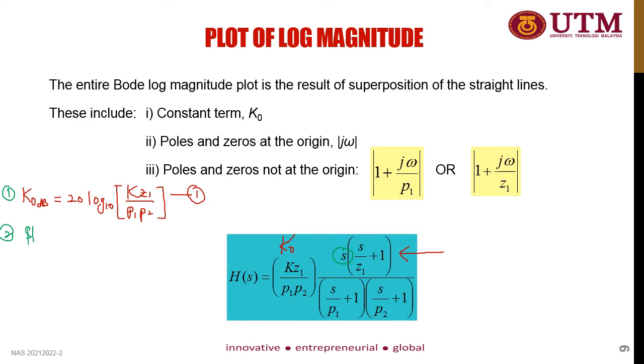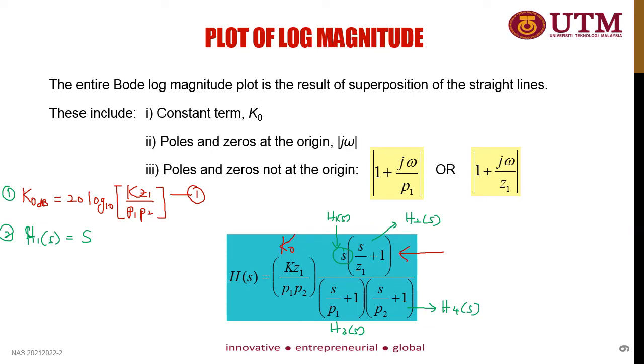The transfer function of the first component is h1s equal to s. Then you have the second component h2s, then the third component h3s, and the fourth component h4s.